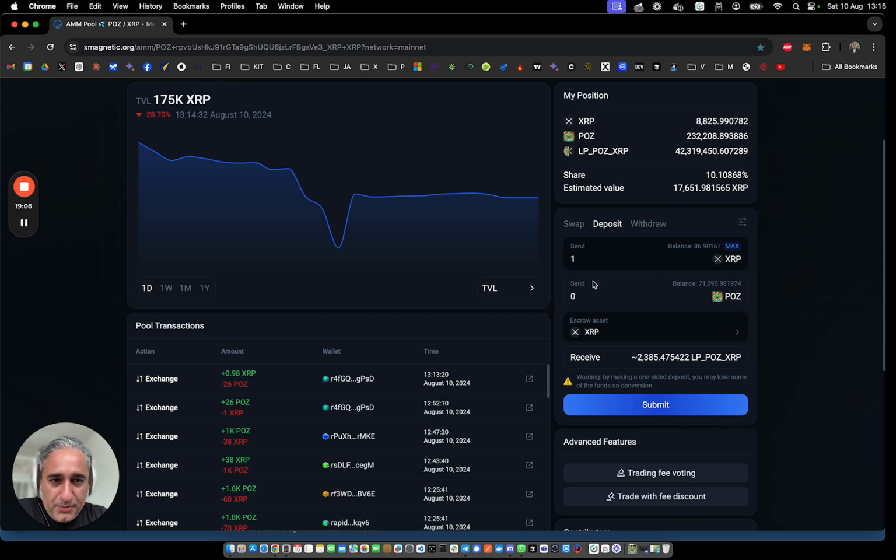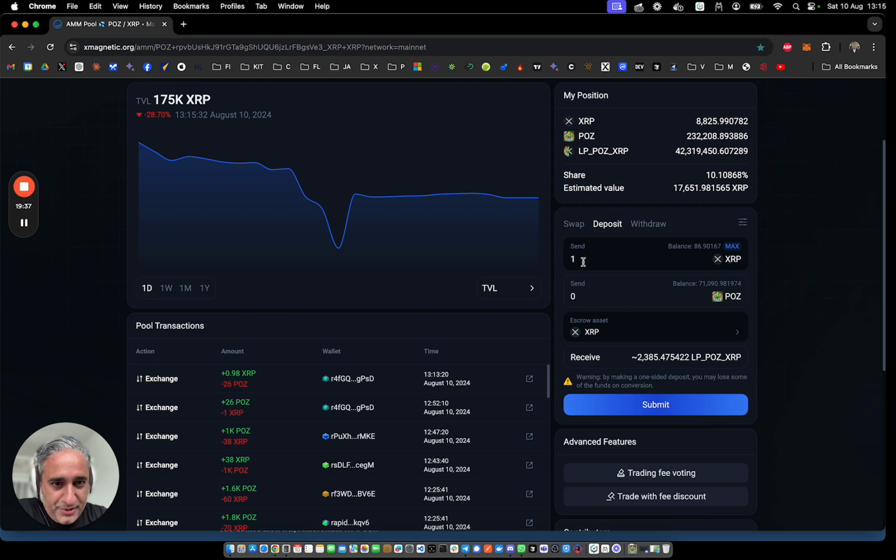And the moment you do that, the AMM algorithm, the pool's algorithm, will source POS from itself in order to fulfill its balancing function. So when you put in 1 XRP, some of that gets turned into POS to try and keep the pool balanced, and you get less liquidity pool tokens.